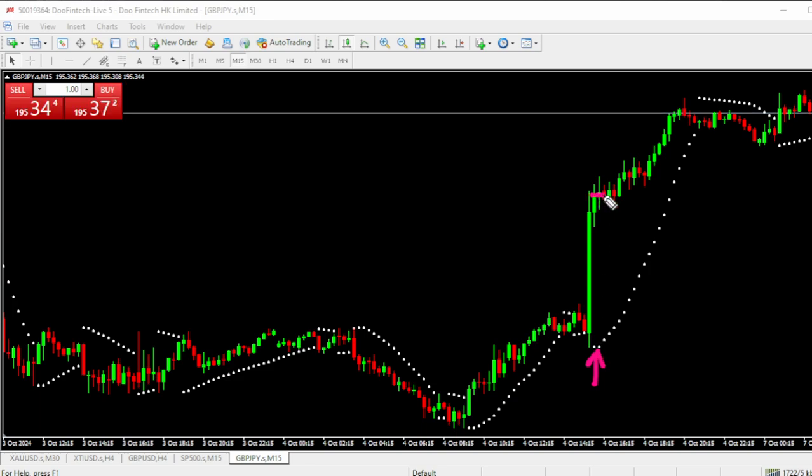So you have to open a buy position, and in this example you can put the stop loss right here, but it's too far because maybe this was a news candle, right? But you can also open a buy position, put the stop loss below the Parabolic SAR indicator, and wait for the price to go above your buy position, and you modify your stop loss when the price goes in your favor.